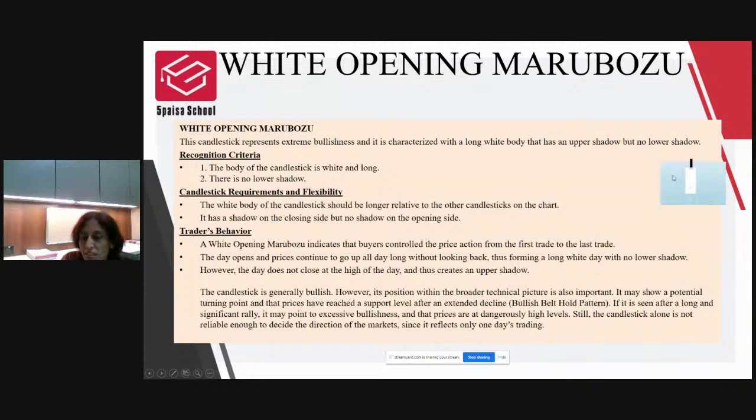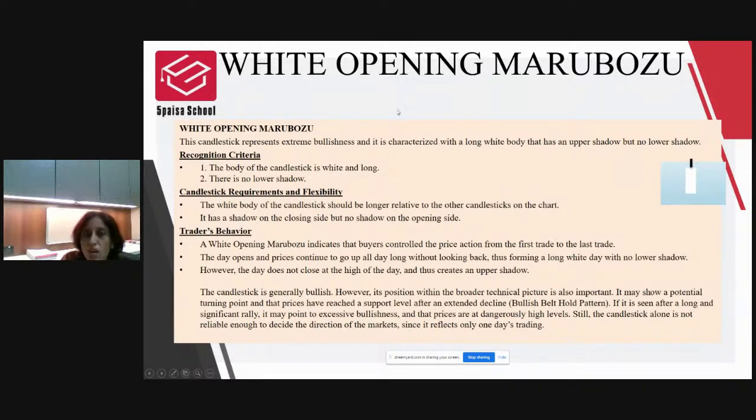White anyways indicates that the closing price will be positioned somewhere over here and the opening price will be positioned somewhere over here. So the wick, or you can say the shadow, is on the closing side, but no shadow is seen on the opening side.